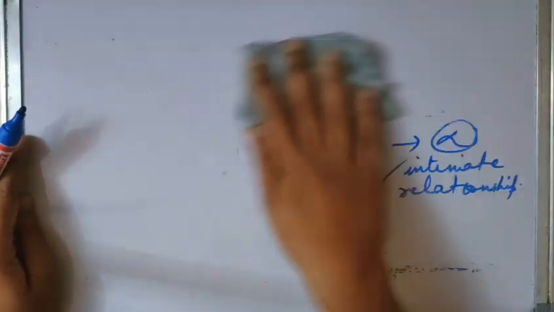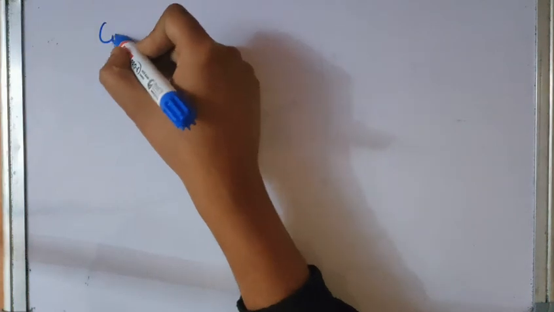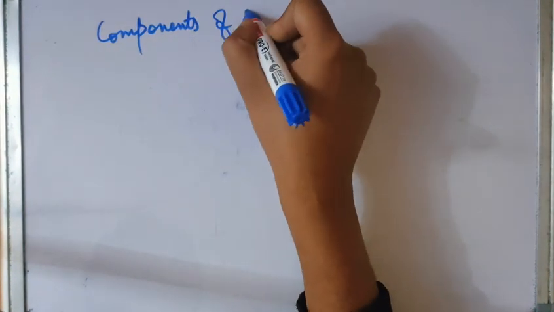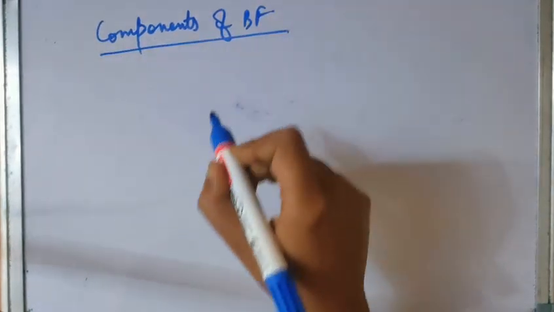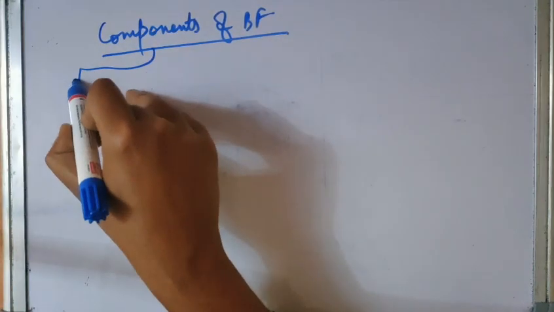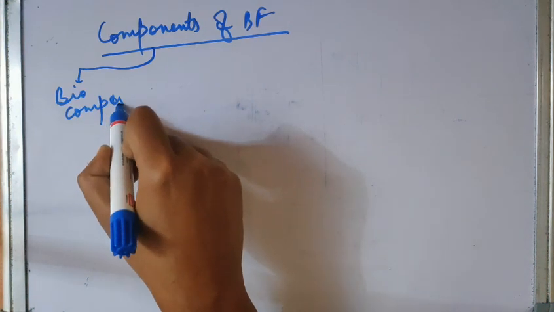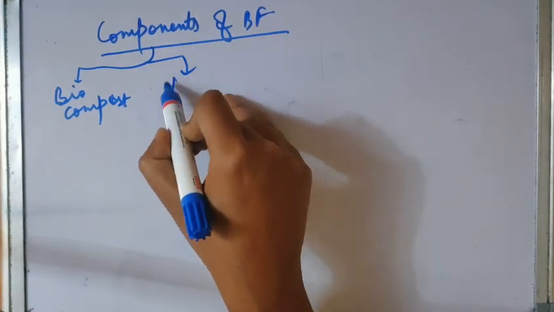Now, what are the components of biofertilizers? First one is biocompost. Then we have trichocard.